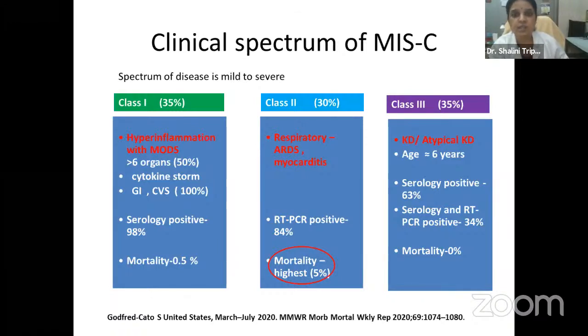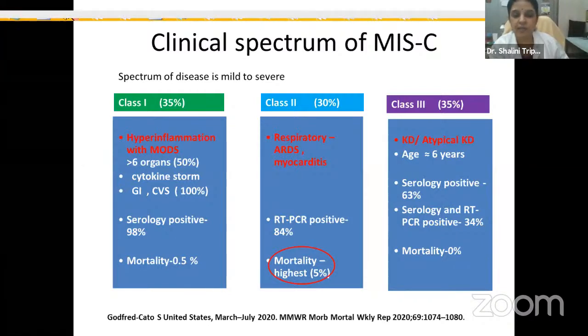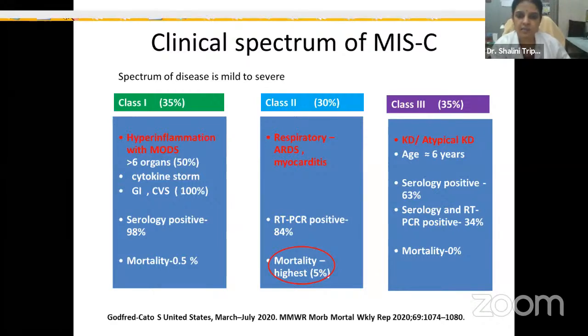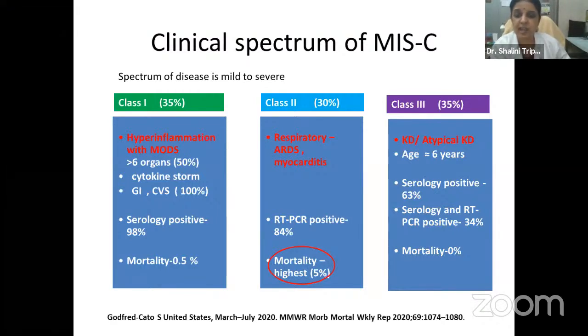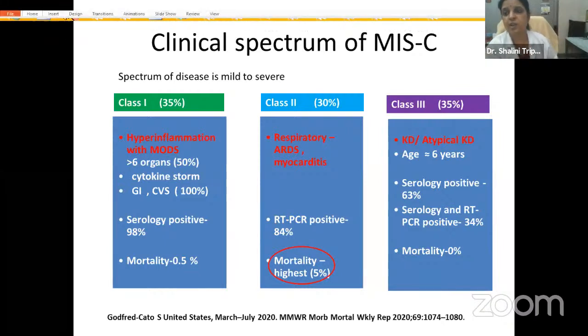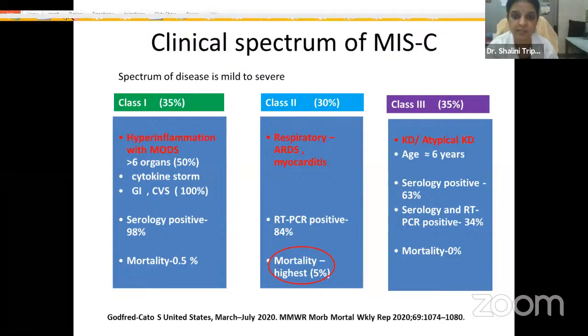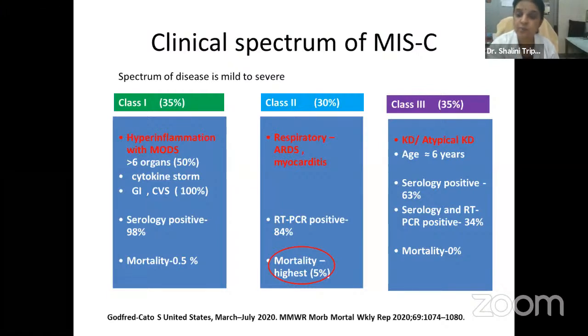The second subclass was seen in the biggest case series of MIS-C, published by the United States. This also has 30% of the patients, and they are the worst and most dangerous patients, presenting like ARDS and myocarditis. They were not antibody positive.